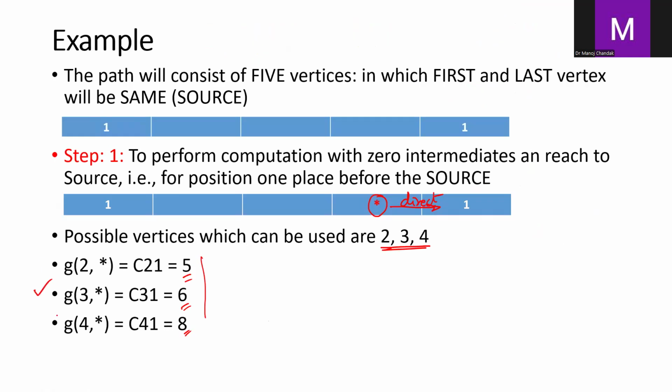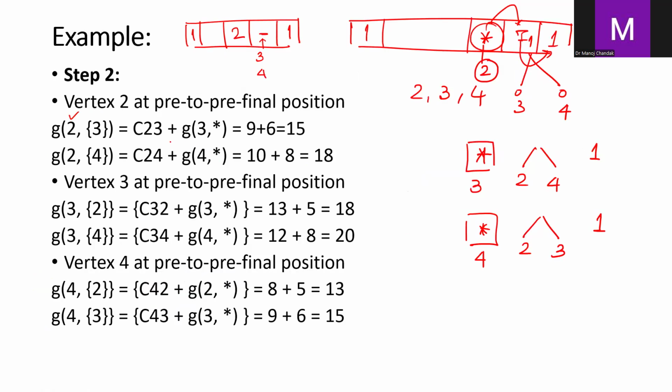We have already solved 3 and 4, and we know that from 3 to 1 and from 4 to 1, what is the distance. So similarly, if I want to write at this location not 2 but 3, then I will have to use 2 and 4, and already I have solved that in the previous step.